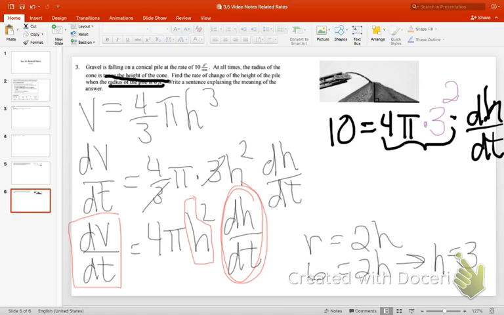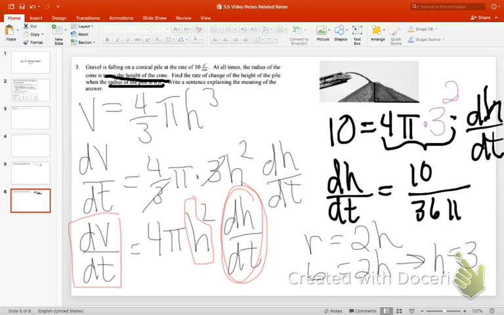This whole piece is just a number. So dh/dt is equal to 10 divided by 4 pi times 9, or 36 pi, which will reduce to, I am out of space.